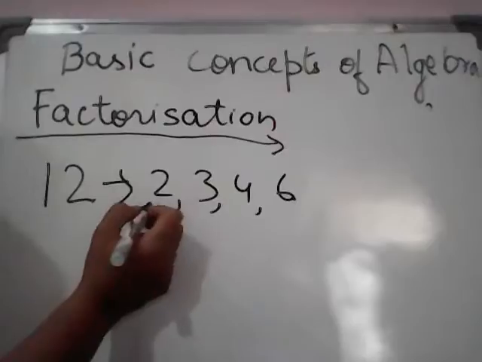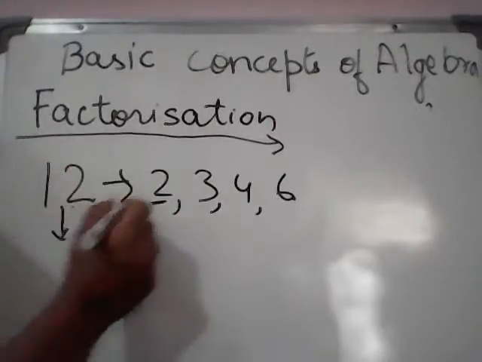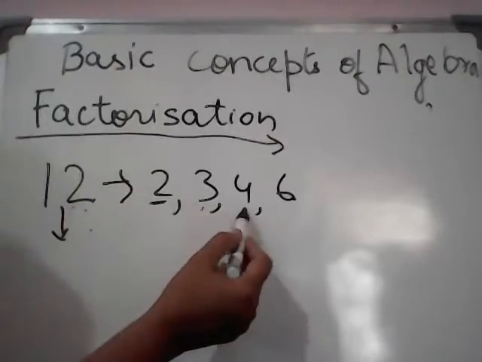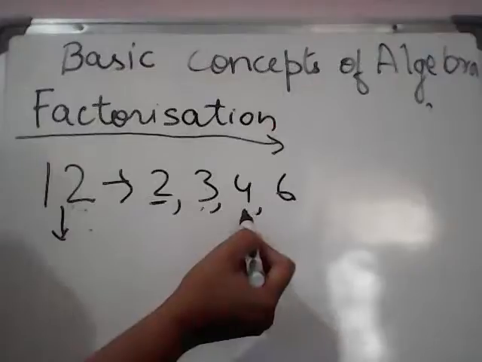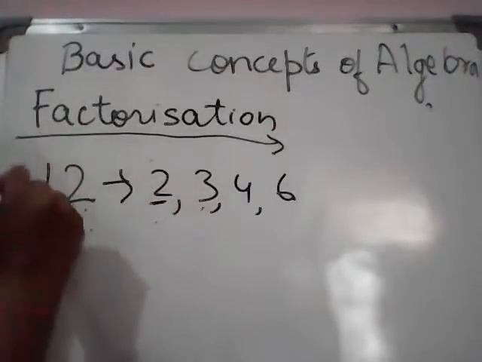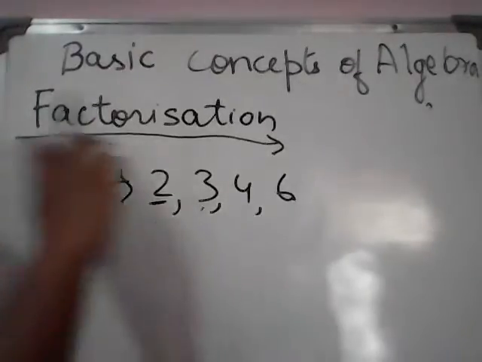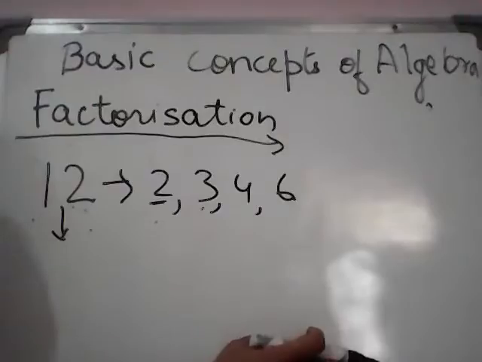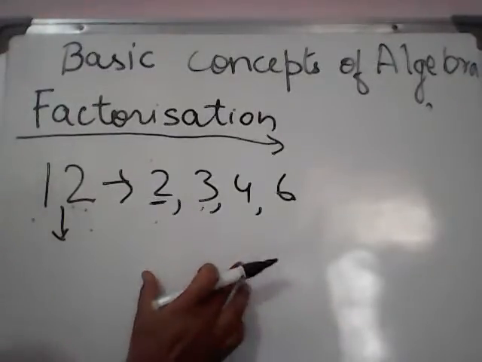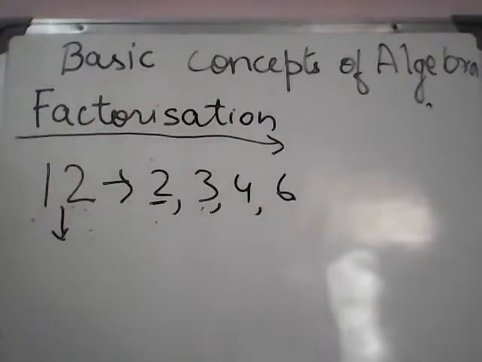When we divide it with 2, we get no remainder. When we divide it with 3, we do not get any remainder. Similarly with 4. So factors are the numbers, in arithmetic and also in algebra, that when they divide the expression, we do not get any remainder. Converting an expression into its factor form is factorization.